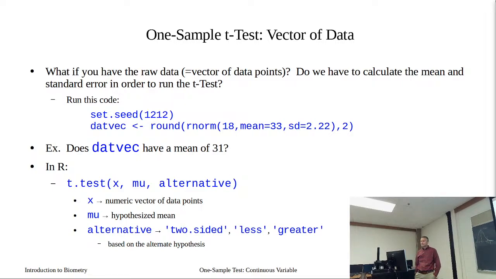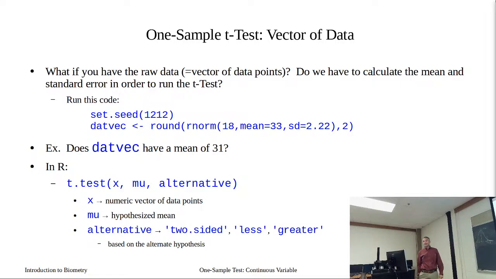All right, so did we run the data? So what does this function do? What do we have here? What is dat vec? It's a vector of what? Random data from a normal distribution.